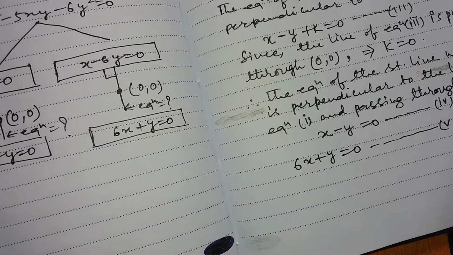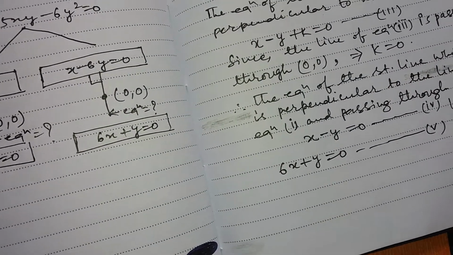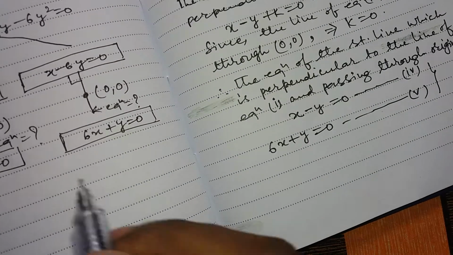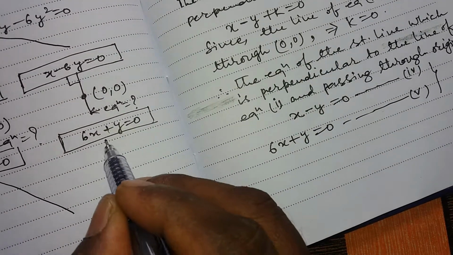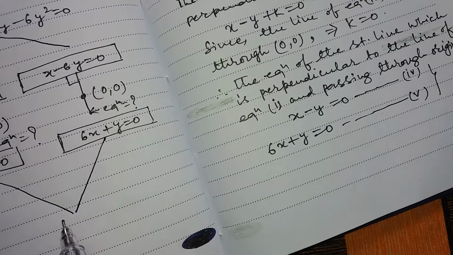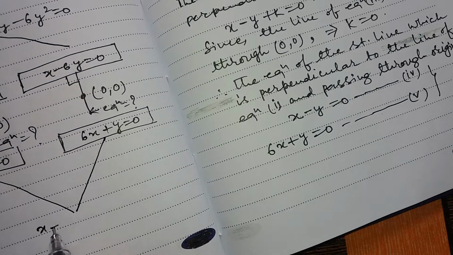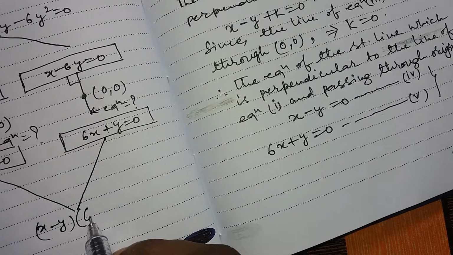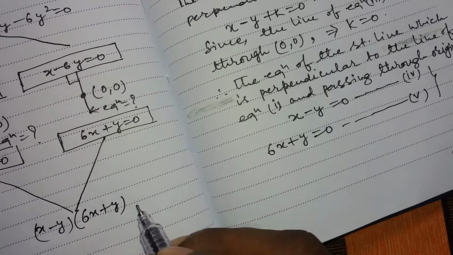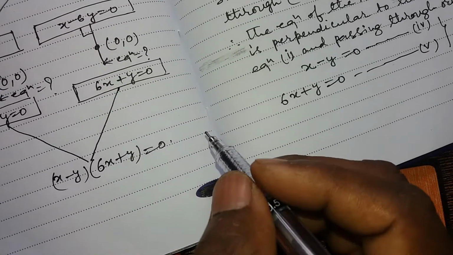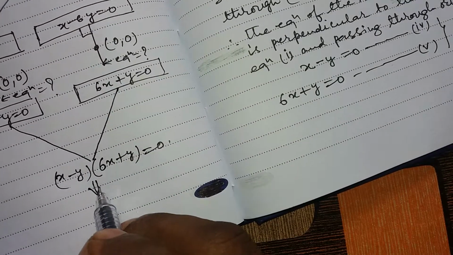Students, now we combine these two equations. Combining these two equations means multiplying them. Then we get x minus y times 6x plus y equals to 0, and from this we get one equation.